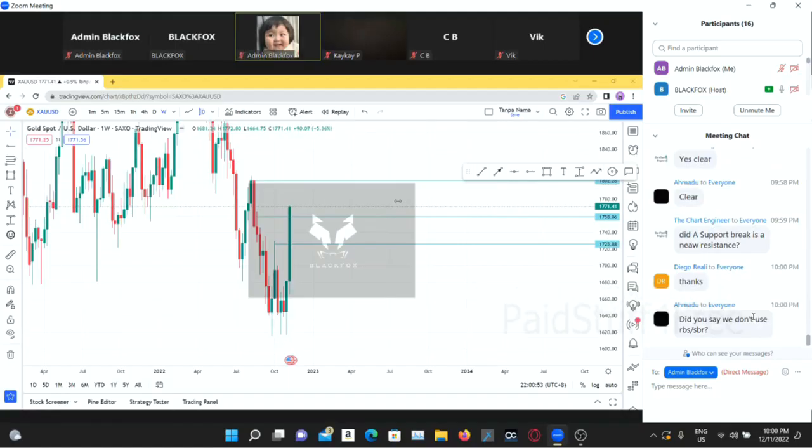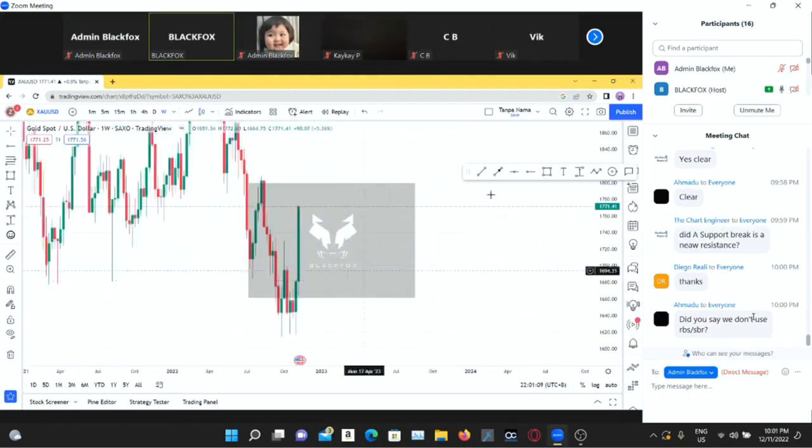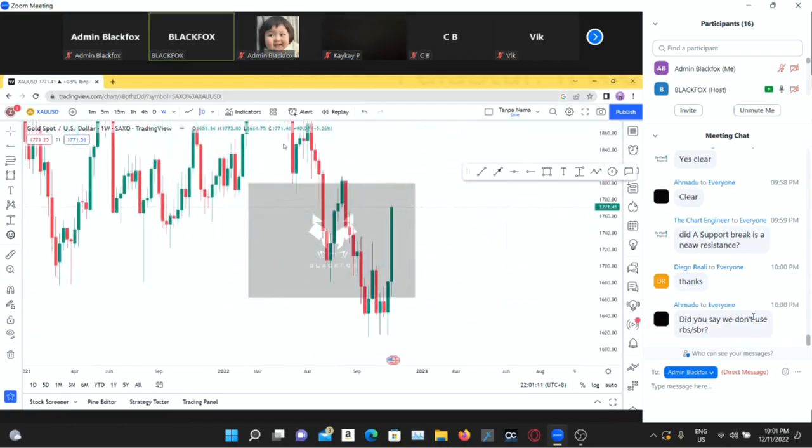Breakout setup. Yeah, we don't use SPR RBS, but maybe on Monday I will teach you guys collision SND and SNR, because I don't use RBS SPR.